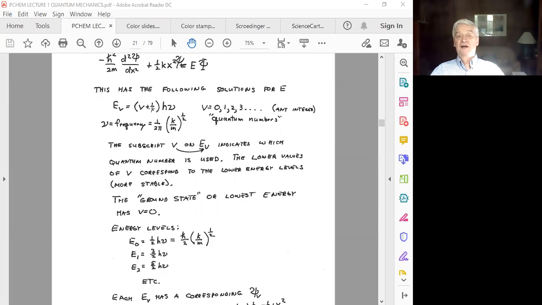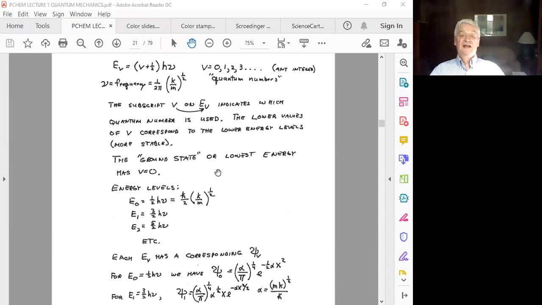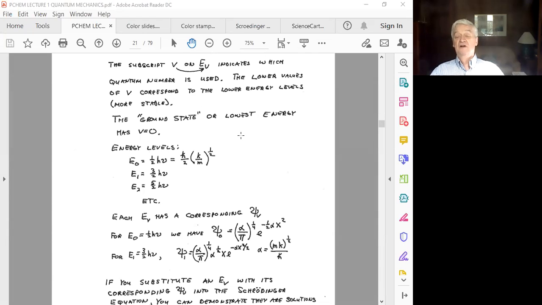Notice the 2 pi went into the h part of the problem, and so this is why it comes out to be h bar over 2. And if you use that formula, you'll see the next level is at 3/2 h nu, the next one at 5/2 h nu, the next one 7/2. So they keep having separations of 1 h nu.